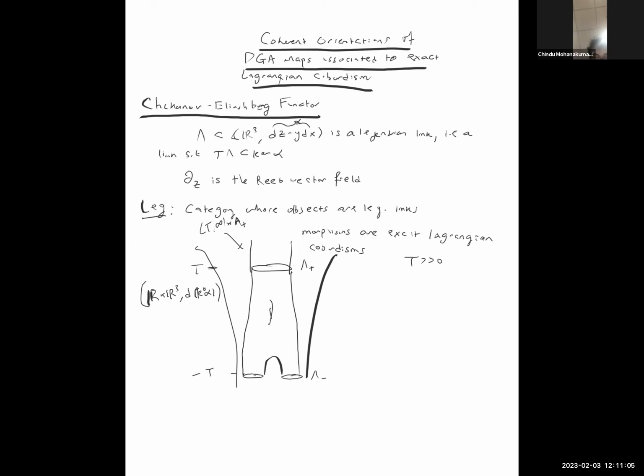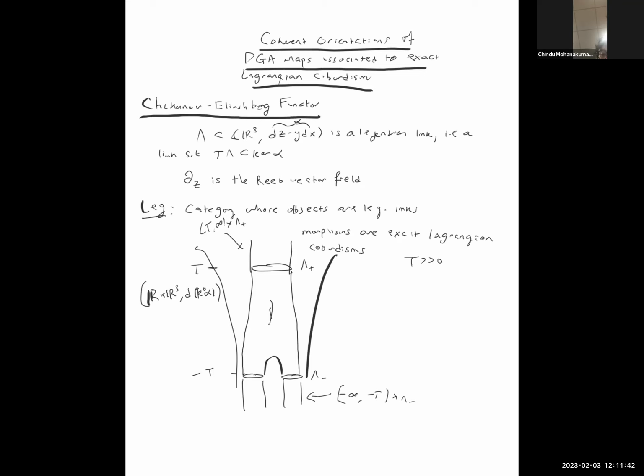So precisely what you should say is that L intersect t to infinity cross R3 is equal to t to infinity cross lambda plus. And then down here we have a similar cylindrical end: negative infinity to negative t cross lambda minus.